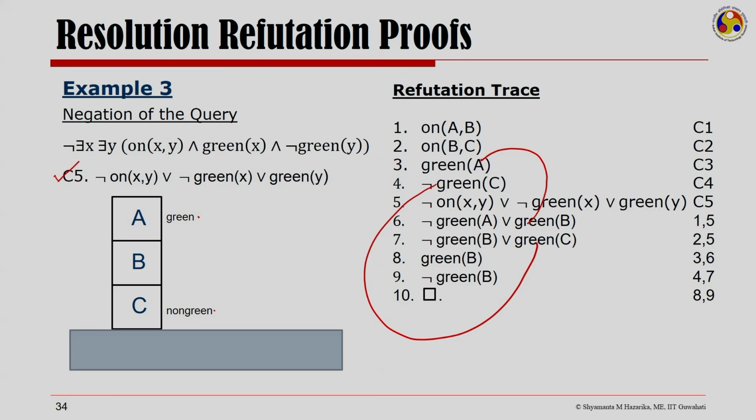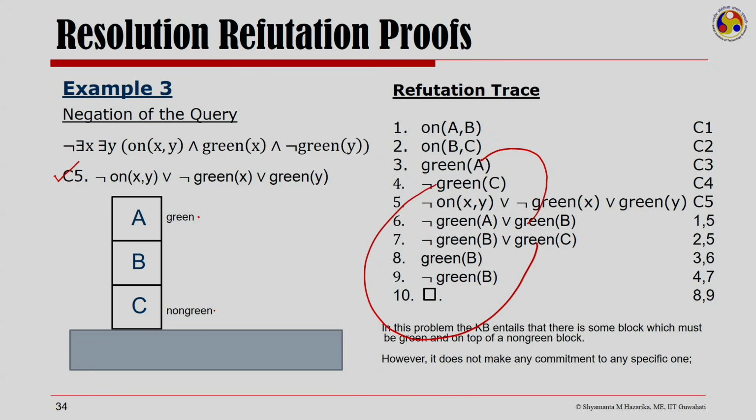Now when I have a contradiction in this problem, the knowledge base entails that there is some block which must be green and on top of a non-green block. However, it does not make any commitment to any specific one.